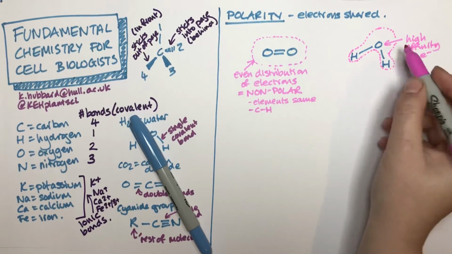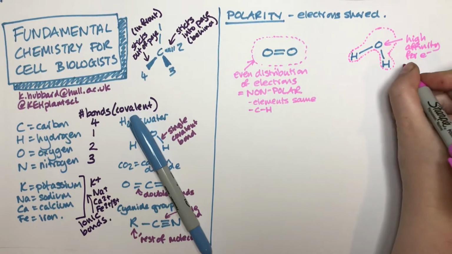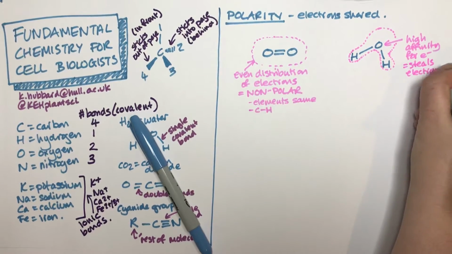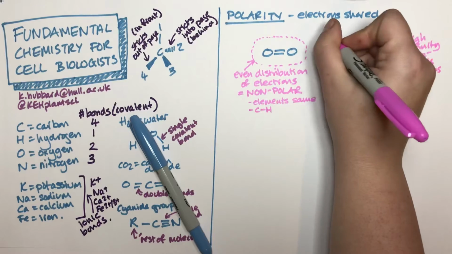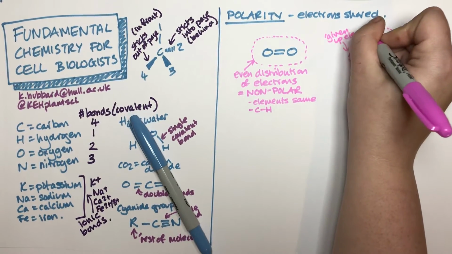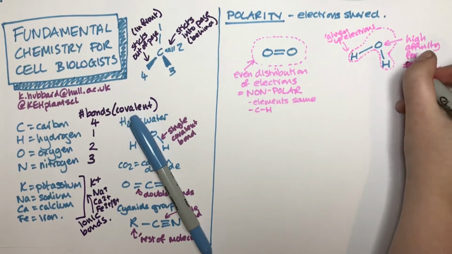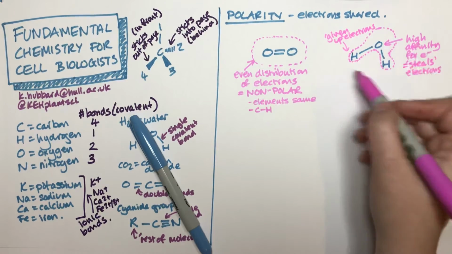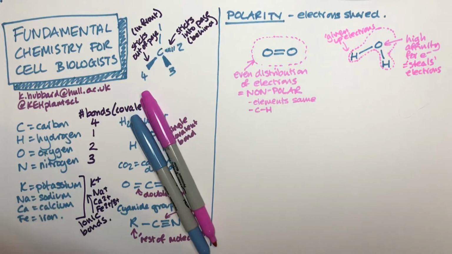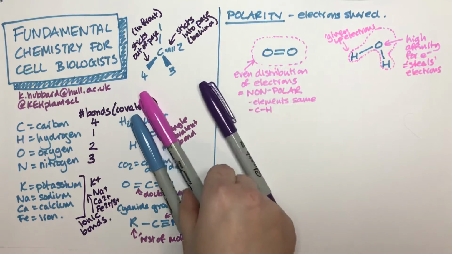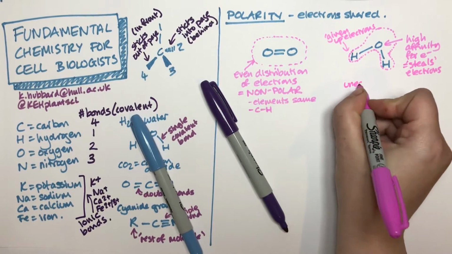Okay, so the oxygen has kind of stolen the electrons, whereas the hydrogen has given up electrons. Not completely. It's still got the electrons. It's still a covalent bond, but the majority of the electrons are around the oxygen, not around the hydrogen. So it's not evenly distributed.